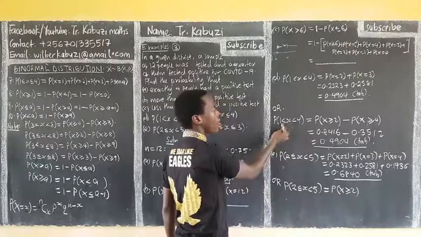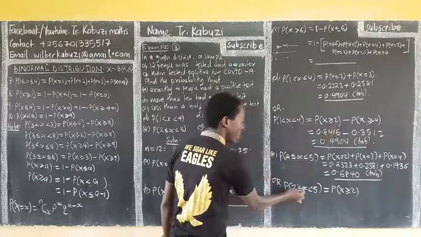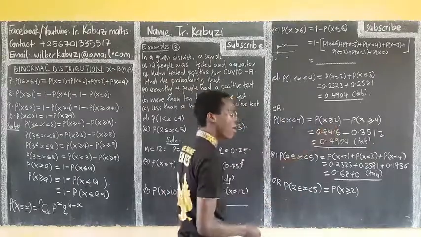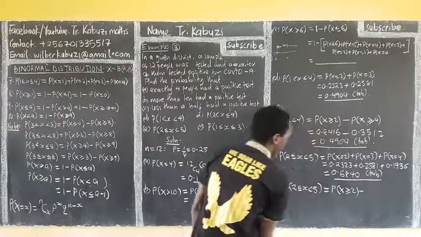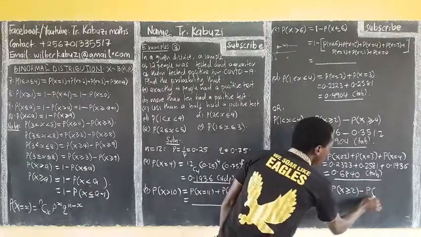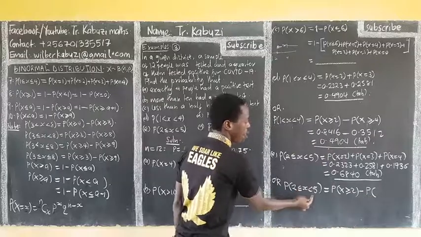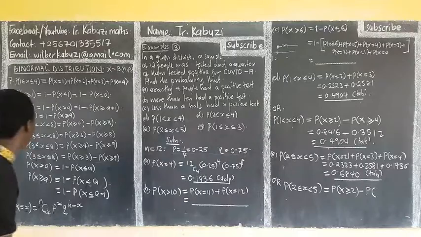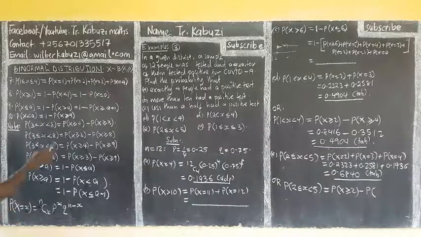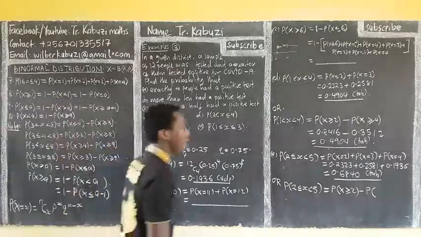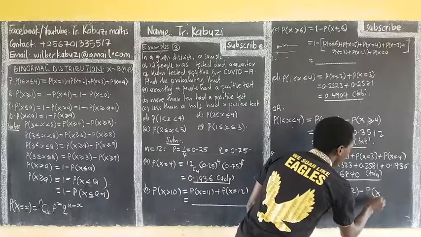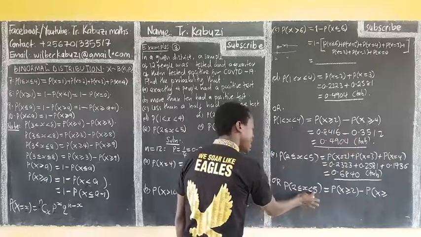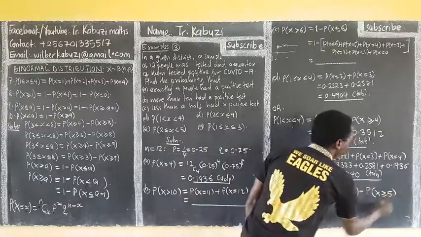Here it was greater than 1, that's why it started from 2, and this one is greater or equal to 2. If this was greater or equal to 1, even this would be a 1. Then minus the probability less than: if we have less, we start with this same value. Then minus the probability of x greater or equal to this value, which is 5.